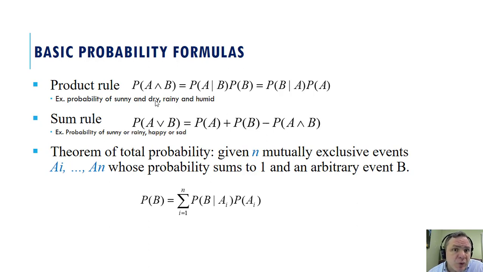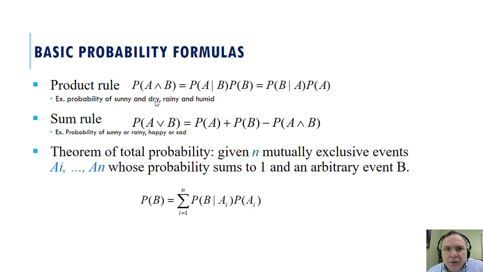If they were mutually exclusive, there's no reason to do any probability calculation. The probability of their occurrence together is zero. For example, the probability that the door is at the same time closed and open is zero because these are mutually exclusive events. But dry and sunny are not mutually exclusive events.